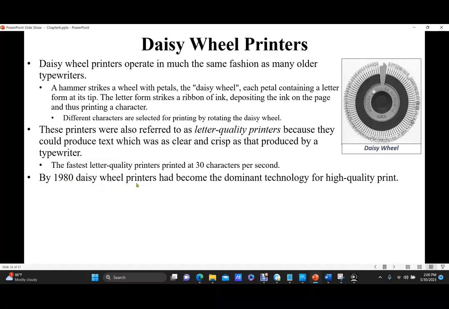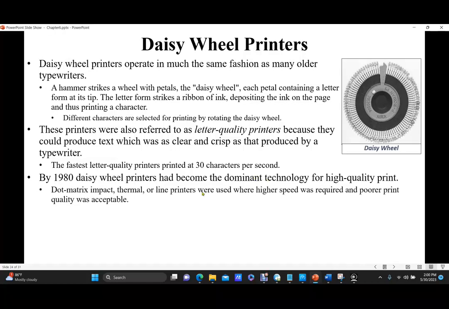By 1980, the daisy wheel printers were the dominant technology for high quality print, commonly used in offices where they wanted to produce print that looked like it was official. Dot matrix, impact, thermal, or line printers were used where higher speed was required and poorer print quality was acceptable.